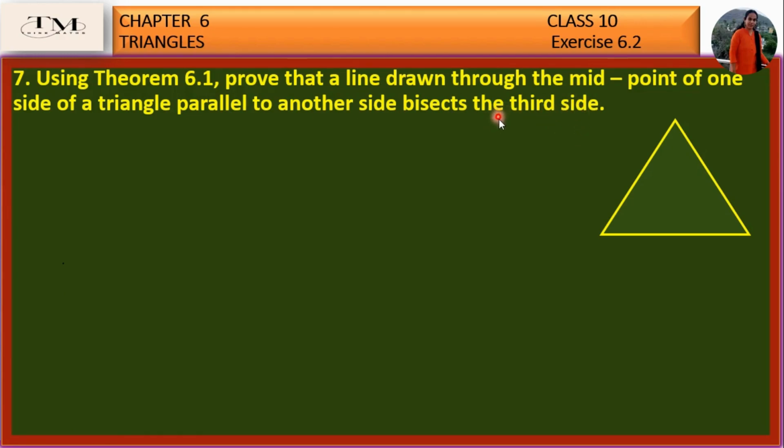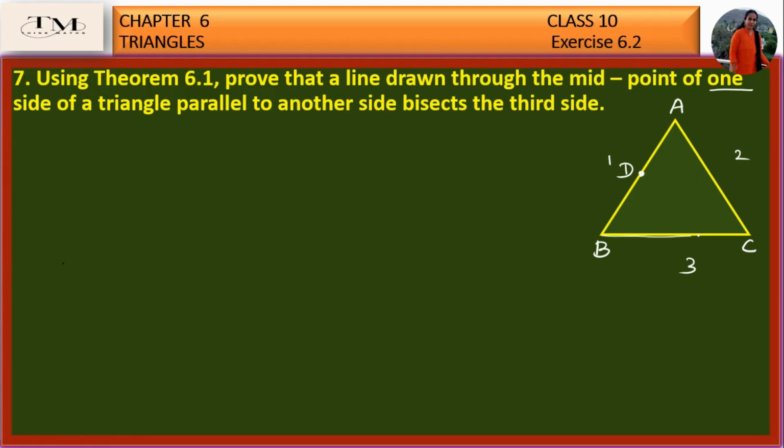Okay. So here in the triangle we have three sides. Let us keep this as A, B, C. One side, from this side I am going to take the midpoint as D. So the midpoint of one side of a triangle, parallel to another side.